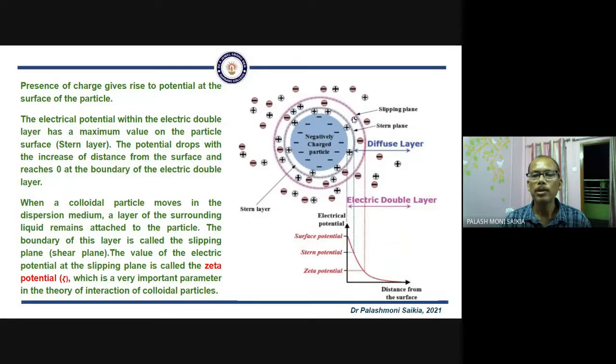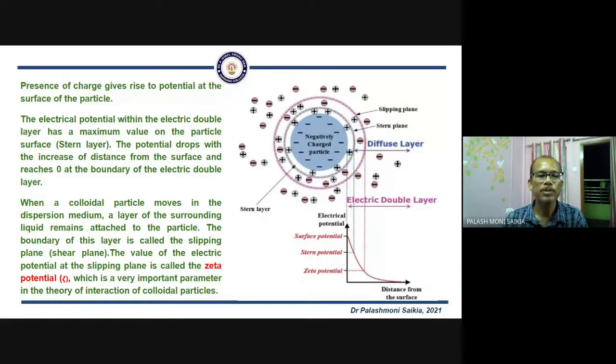And as you know, this is one of the most important parameters to quantitatively study the stability of colloids, or basically the electrostatic stability of colloid, the zeta potential. Since I will not talk about electrokinetic phenomena, I will not discuss more on zeta potential, but you have to remember that it is the potential at the shear plane, that is the slipping plane, and that is called the zeta potential.